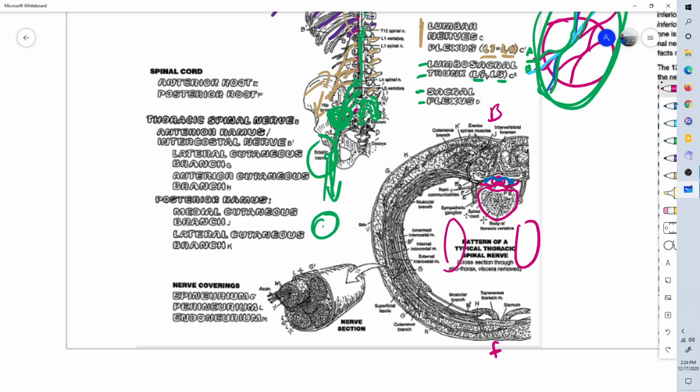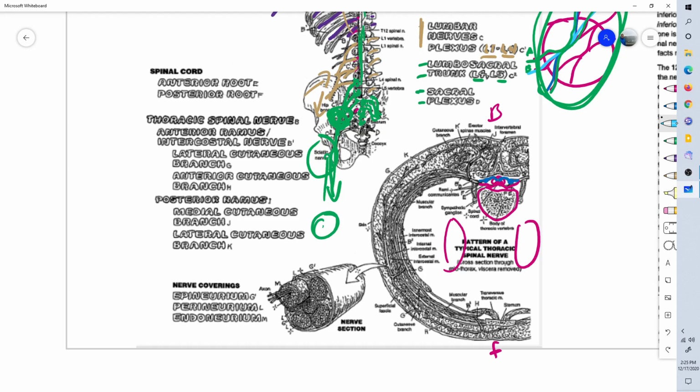And coming up to meet what? And you all know this because we've been talking about it. Where the two meet in this little spot right here. What is this little section? This is the spinal nerve, right? This is where both the anterior root and the posterior root meet up.